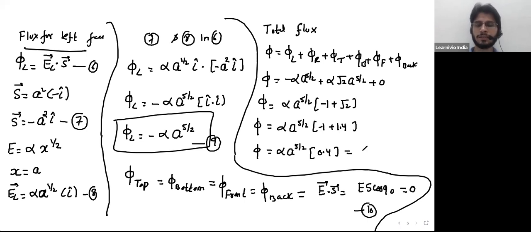So you can say that this is 0.4 alpha a to the power 5 by 2. This is the final answer. Is it clear? Yes, sir. If you have a cube to calculate flux using electric field, then it's a very lengthy problem. It's usually a 5-marker question.